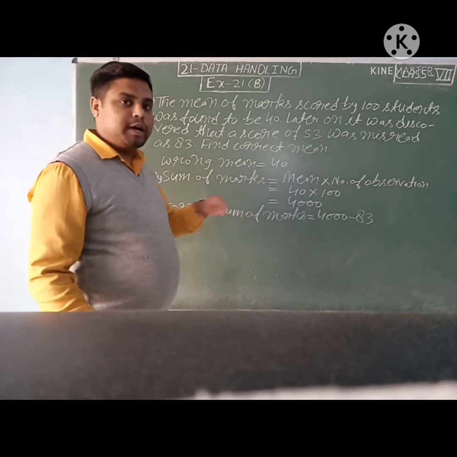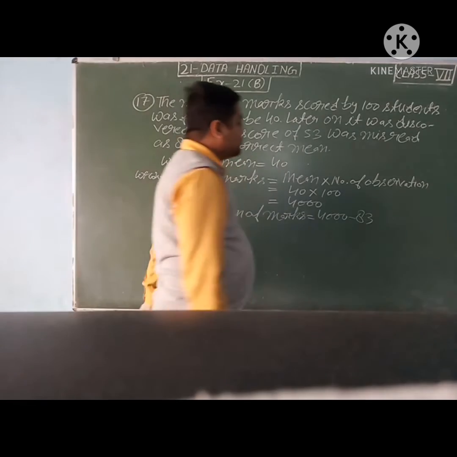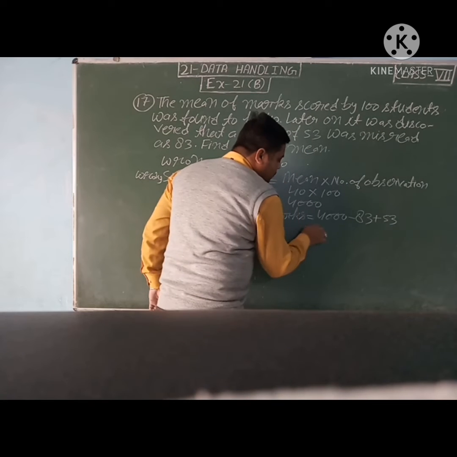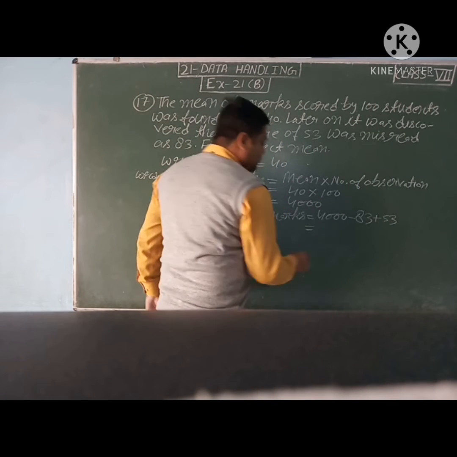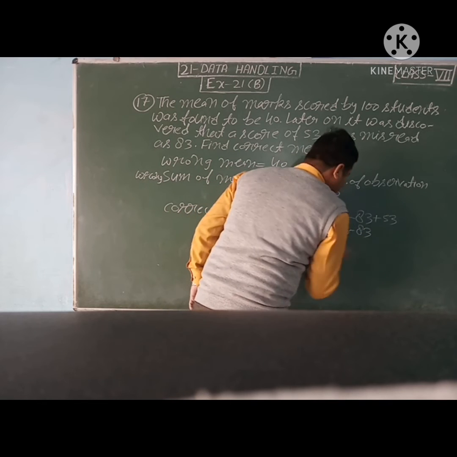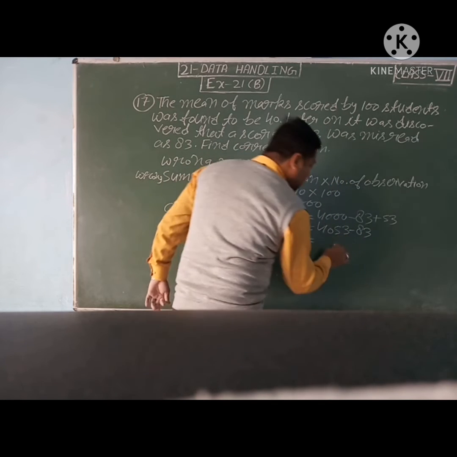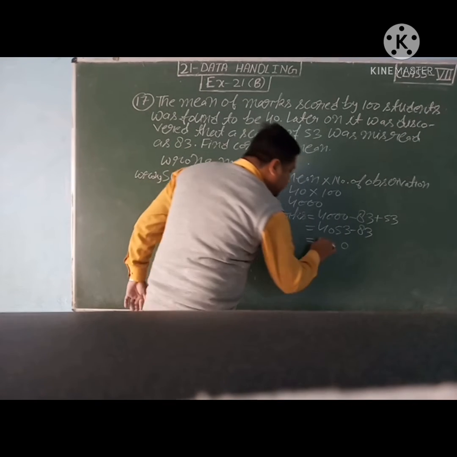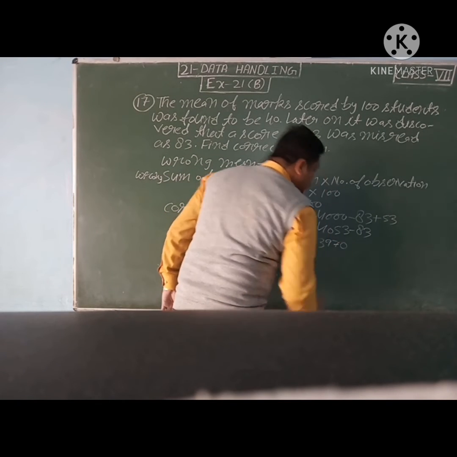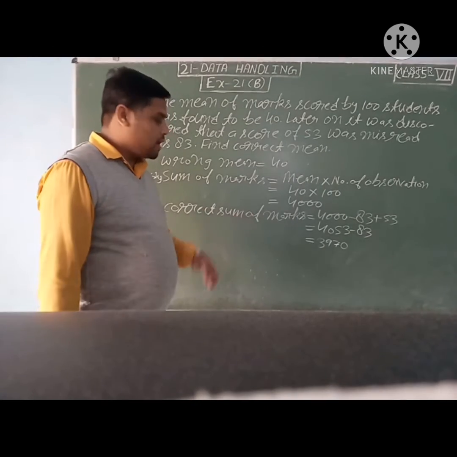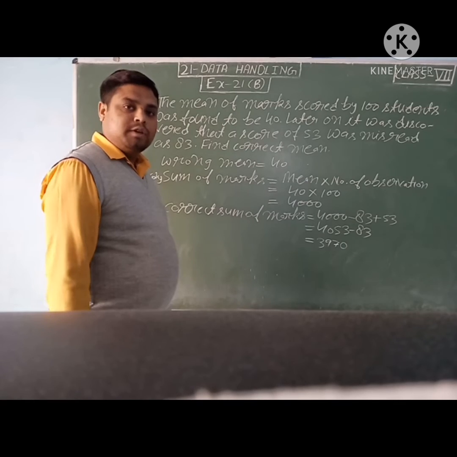Now we will add the correct number. The correct number is 53, so plus 53. So 4053 minus 83 is 3970. The correct sum of marks is coming 3970.